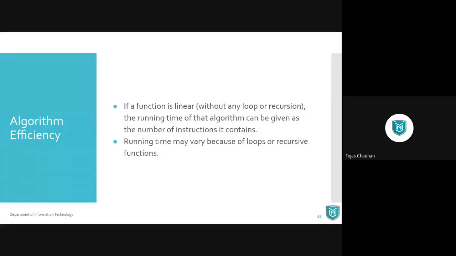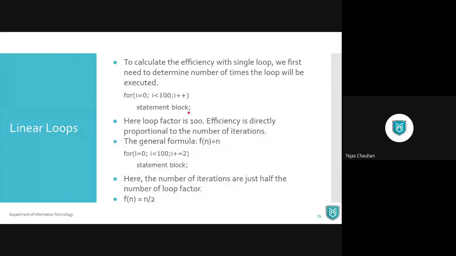Simple. If there are 11 steps in your algorithm, then those 11 steps are the time required for your algorithm to be done. So if it is linear, it is very simple, and we can say it's constant time.